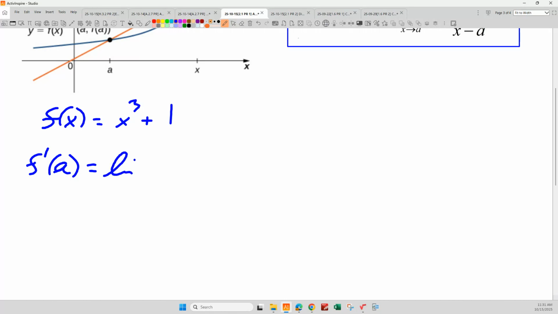The limit as x approaches a of f of x minus f of a, over x minus a. Okay, there it is, right? So we're just going to plug this in. So if I use our specific function, what does that become?